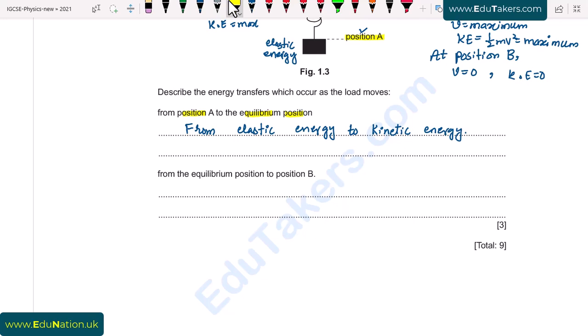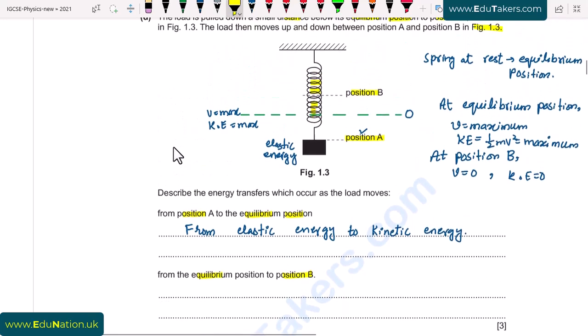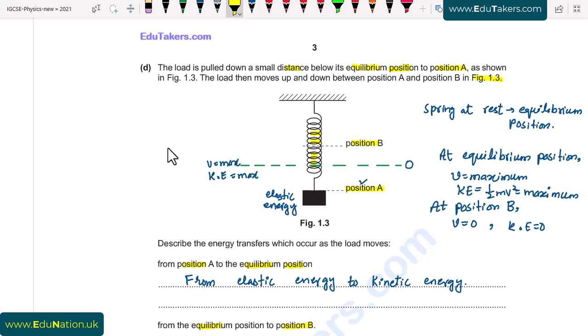Next part, from the equilibrium position to position B. So going back to the diagram, when this load moves from position O to position B, what will happen? At position O, the kinetic energy is maximum, because speed is maximum.